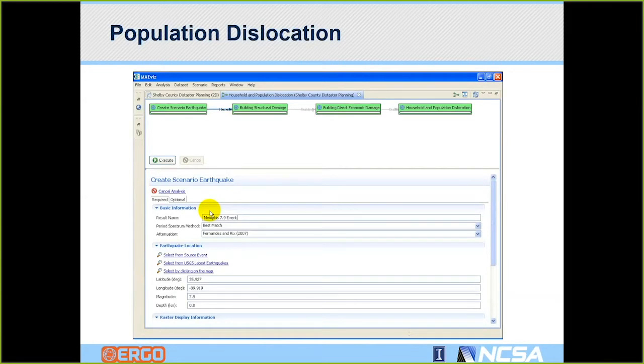I need to specify an attenuation model that's going to model the hazard response for that earthquake. That's going to feed into structural damage, and then from structural damage, I can get economic loss, and from economic loss, I can determine who's going to be dislocated, or approximately who's going to be dislocated and how many people.